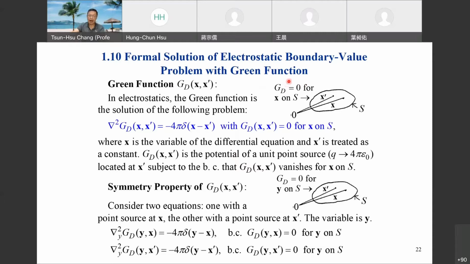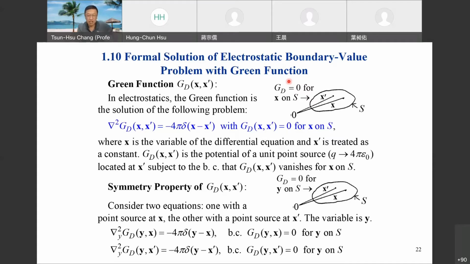Now, I want to give you the general solution, the formal solution of electrostatic boundary value problems. That's the green function. Not always that simple. Not always. Don't worry. For a complicated green function, use this.